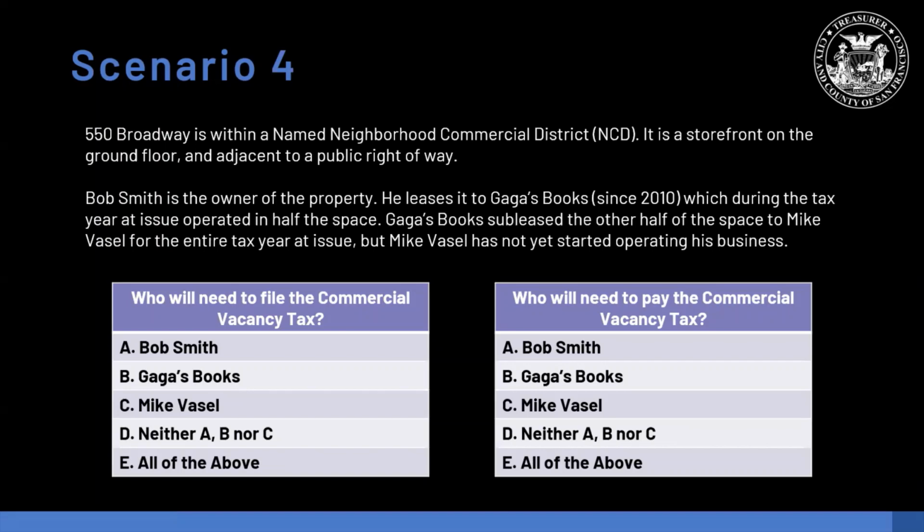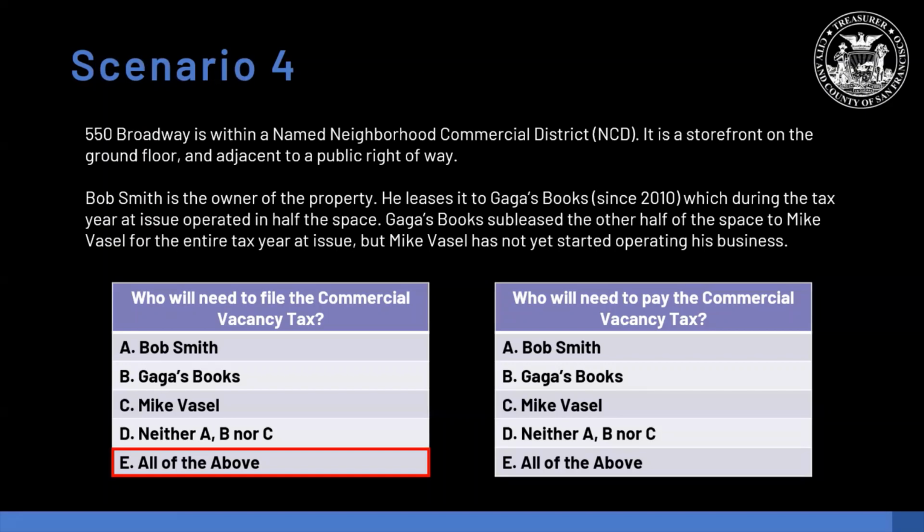Who will need to file the commercial vacancy tax? Bob Smith, Gaga's Books, Mike Vassell, neither, or all? The answer is E. All of them. Bob Smith, Gaga's Books, and Mike Vassell. Who will need to pay the commercial vacancy tax?